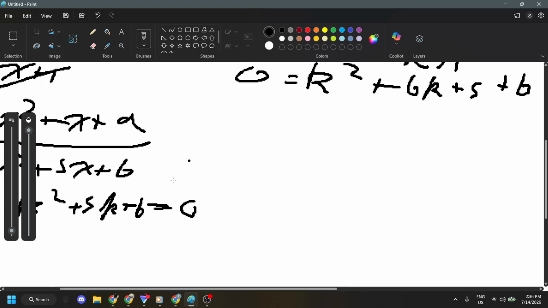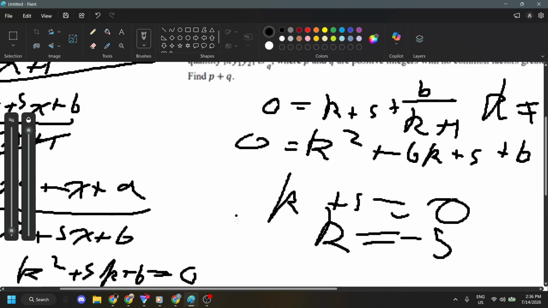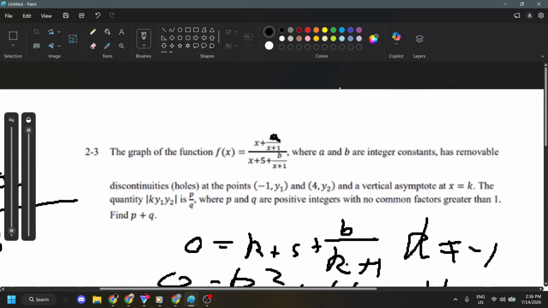So if you subtract these, this minus this, k squared is 0, then we get k plus 5 is equal to 0. So k is equal to -5. Whoa. So k is equal to -5.